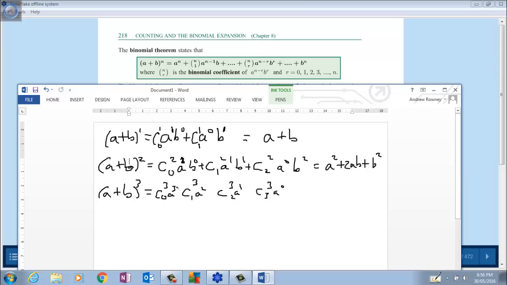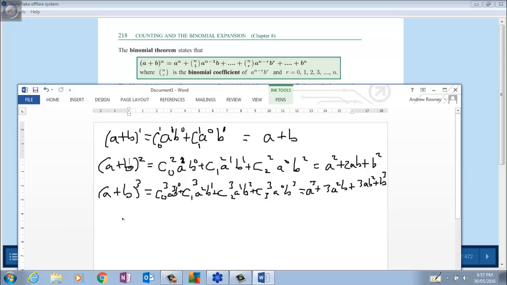With the b's, you start off with 0, then you go to 1, then you go to 2, then you go to 3. Now working all of that out, that will be 1, so it actually ends up being a cubed plus 3a squared b plus 3ab squared, and then plus b cubed.